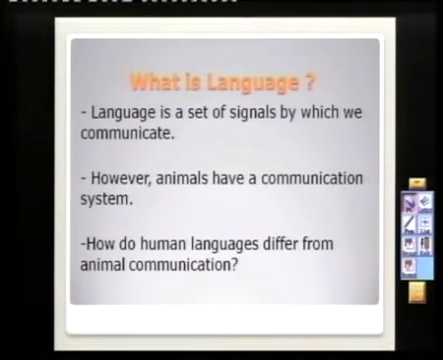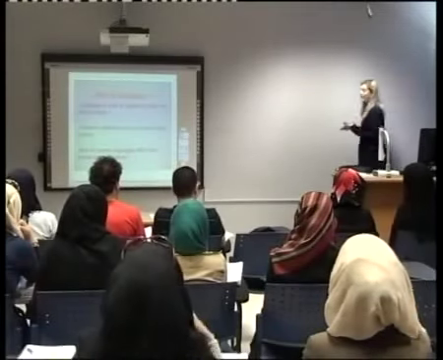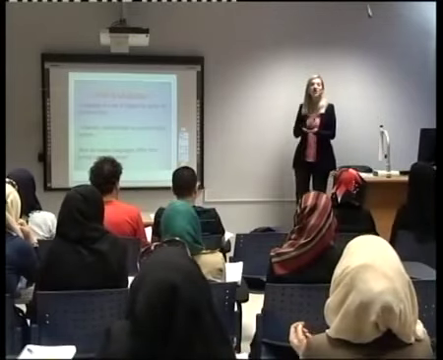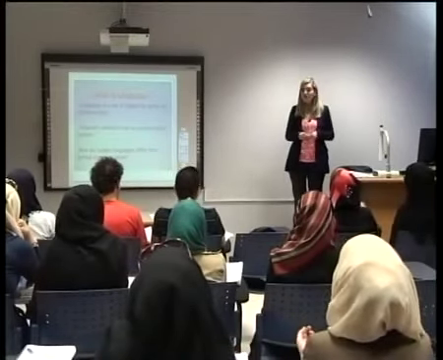So my question is, look at this. However, animals have a communication system. They do. Bees communicate. Chimpanzees, monkeys, they communicate. My question is, how do human languages differ from animal communication? Is human language different from animal communication, or is it the same? Different.